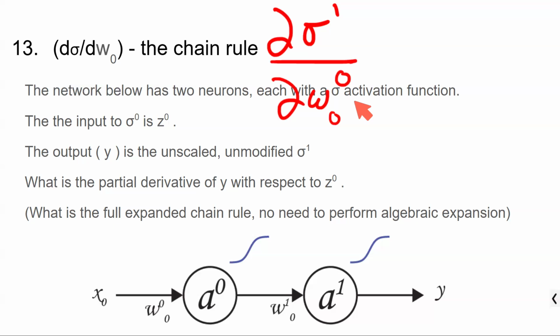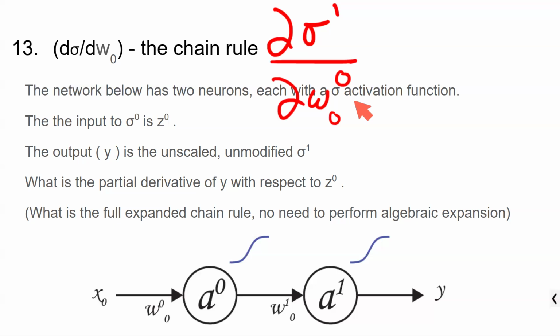Okay, I like that. The rate of change of the sigmoid in layer 1 with respect to the change in W0 in layer 0. Olivia, what were you going to say? I'm curious to hear basically the same thing, but how much a shift in W0 makes a change in what?